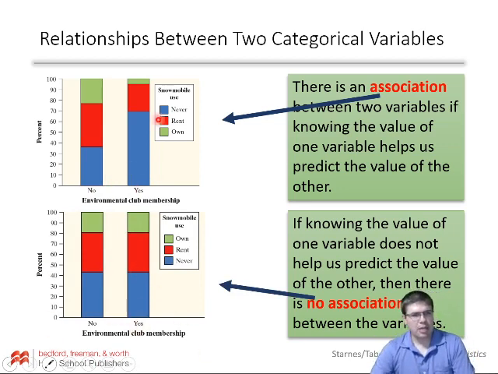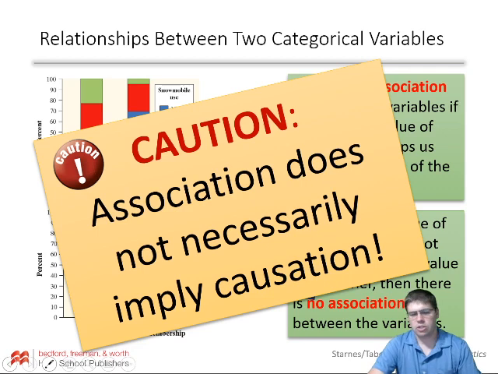All right, just because there's an association, and this is an old thing you may have heard before, you may have heard it said correlation doesn't imply causation. Well, in this case, we're talking association. I'll get to later why calling it correlation is technically wrong for categorical variables. But association does not necessarily mean that you have a cause-effect relationship.